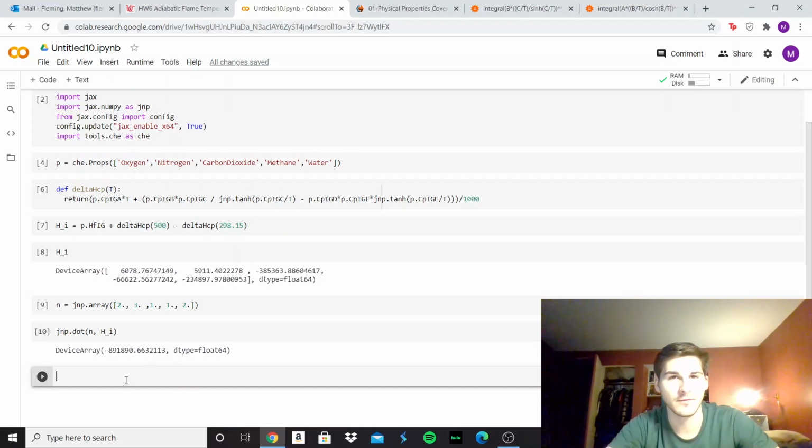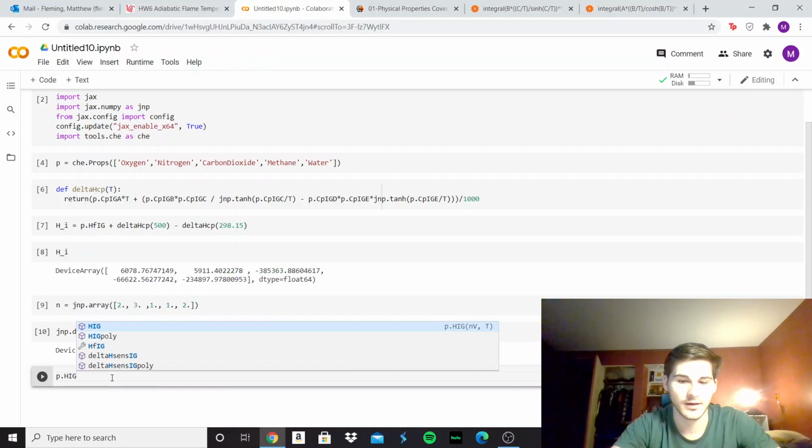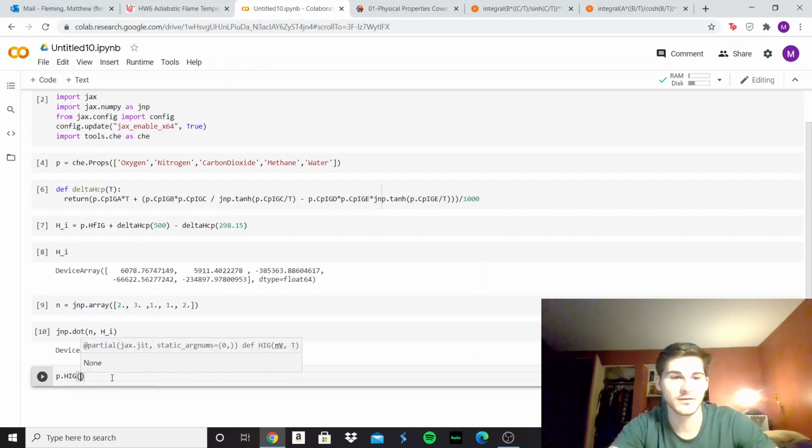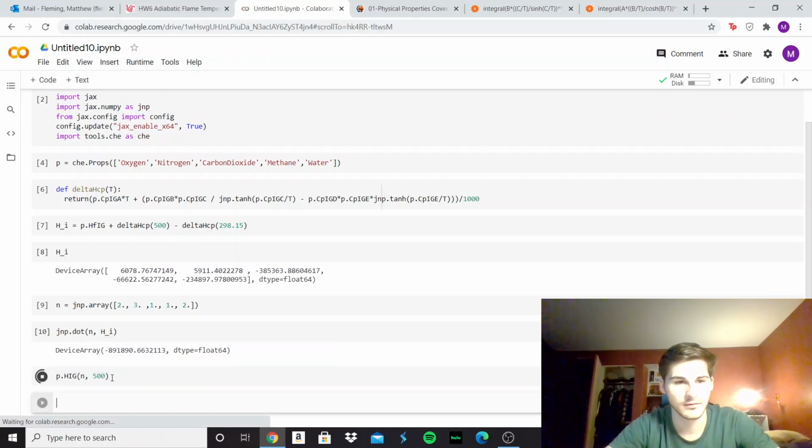Now, we are actually given a function that will just tell us the enthalpy of a system at whatever temperature. So we can use that to match with our defined function here. And if they're comparable, or if we receive the same value, we know that our function that we've defined here is accurate. And so that previously defined function that already calculates this for us is right here, at 500 degrees Kelvin.